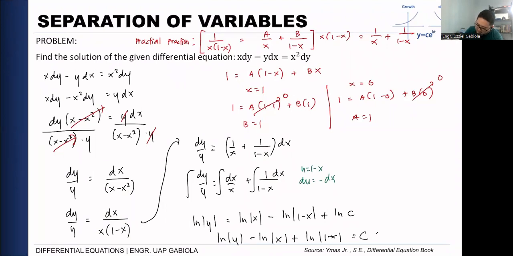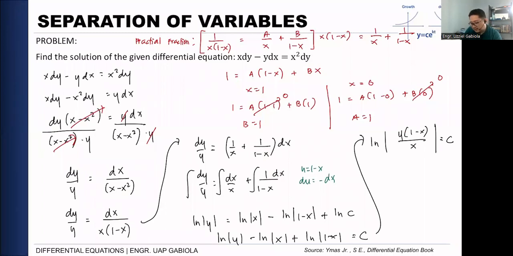Okay? Then to simplify, pa-perform again natin yung property. So this is ln of y times 1 minus x over x is equal to c.